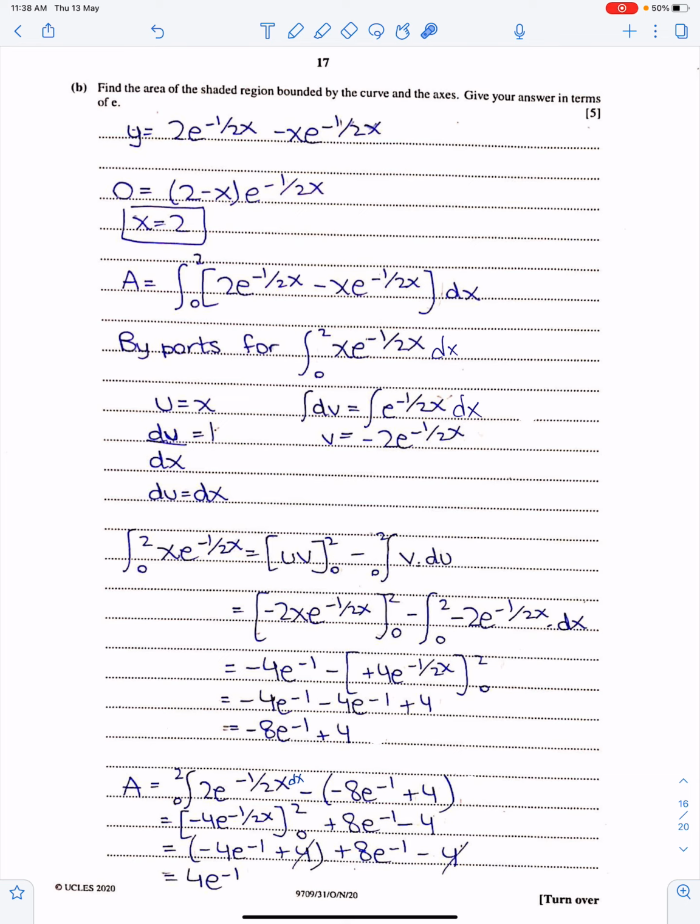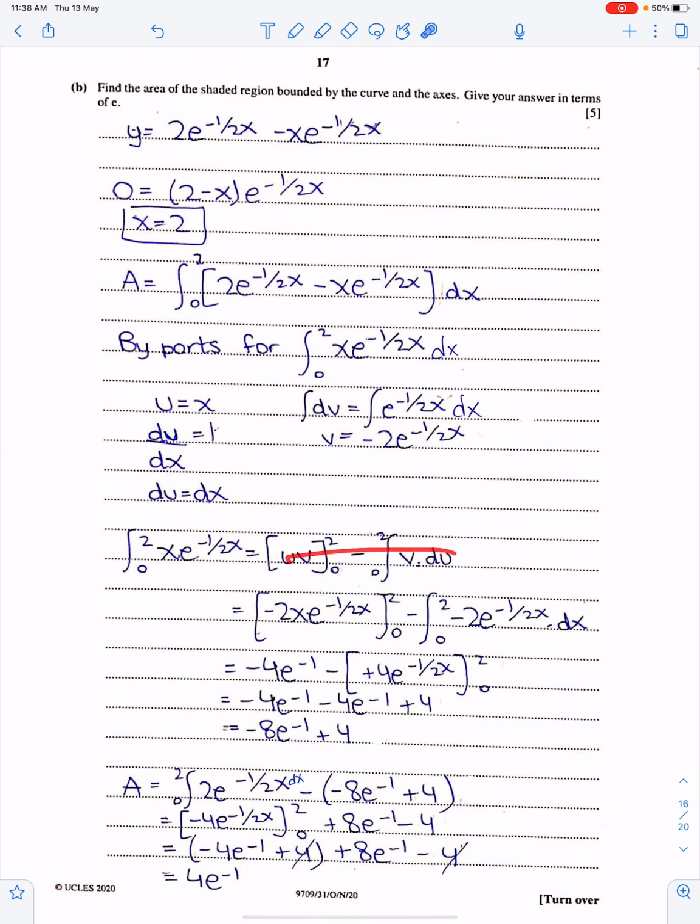This student used by parts from this equation. Both methods are fine. By parts should be used over here. So u is x and dv is this thing with dx.